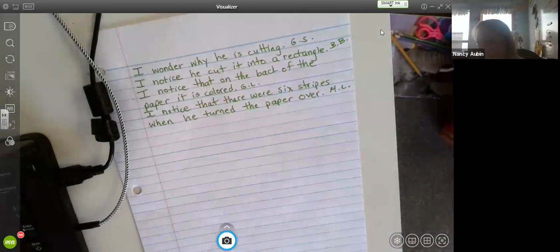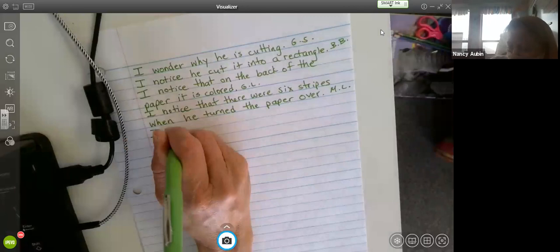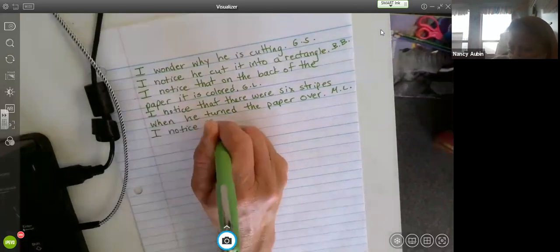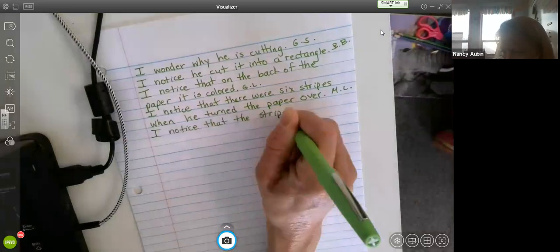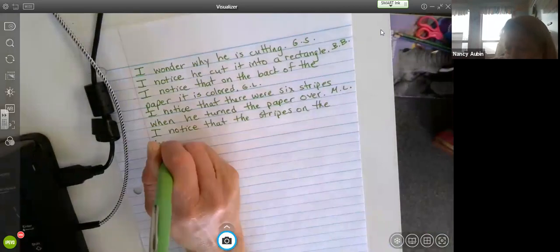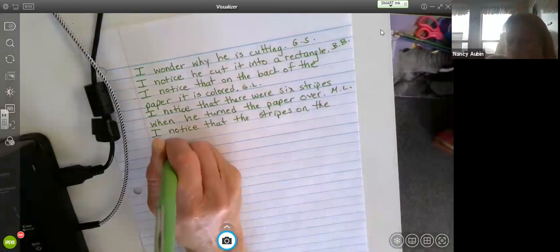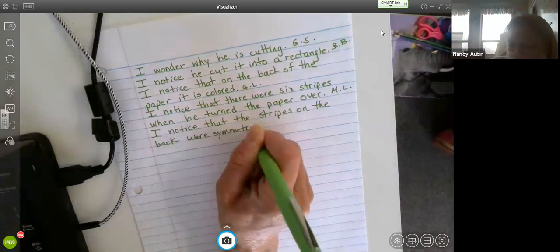My notice is that the stripes on the back were symmetrical. Okay. I notice that the stripes on the back were symmetrical. I can tell you guys are really thinking mathematically today. That makes me so happy.